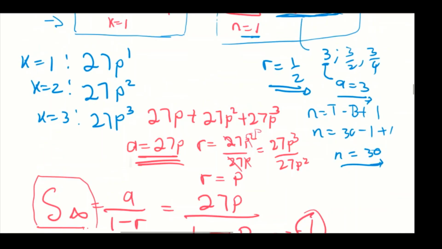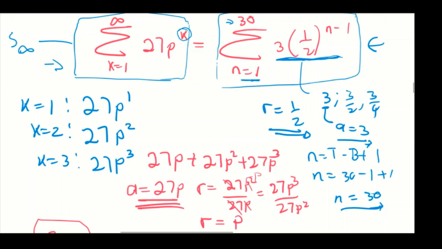Remember that for our sum here, we already know our r being equal to half. We calculated our n, which is 30, and we know our a value, which is 3. So we know very well that we are dealing with a geometric sequence, right? So to write that down, we have r equals 1 over 2, a equals 3, and n equals 30.